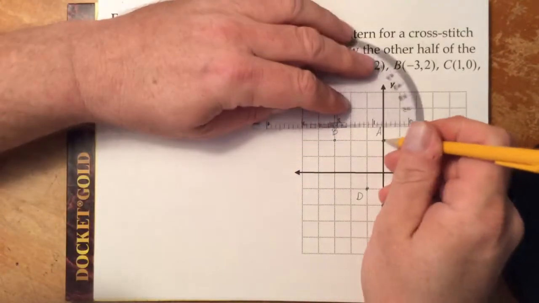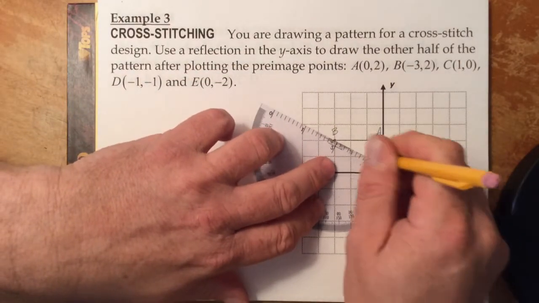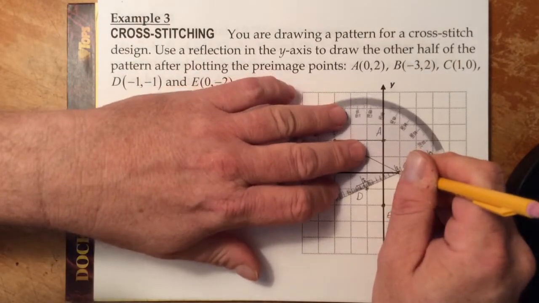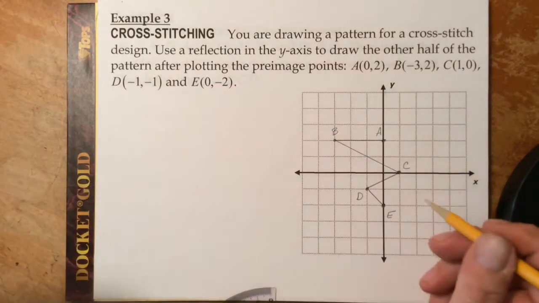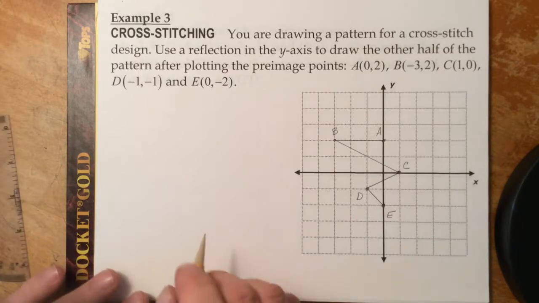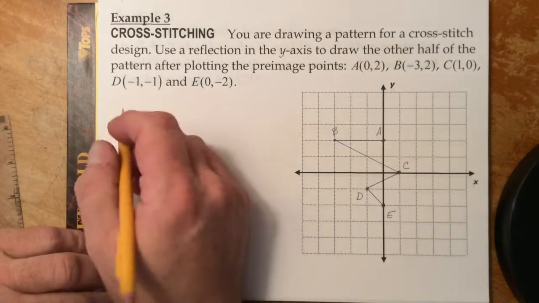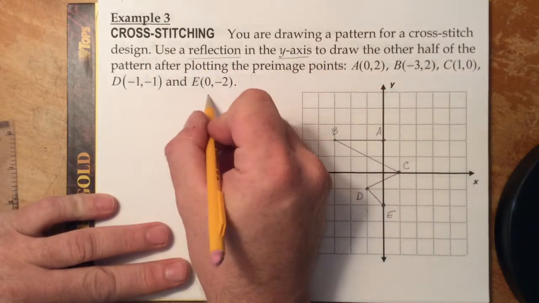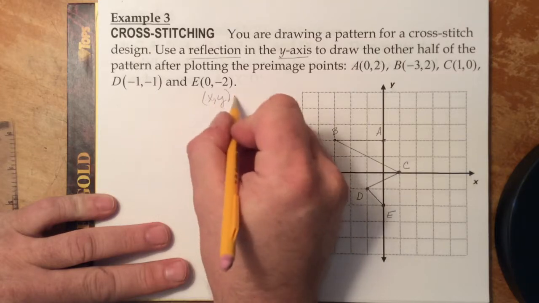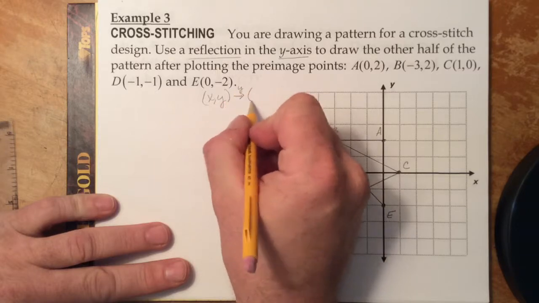So from A to B, from B to C, from C to D, and from D to E. Taking those ordered pairs, they want us to reflect in the y-axis, so we're going to use this rule. (x, y) goes to (-x, y), a reflection across the y-axis.